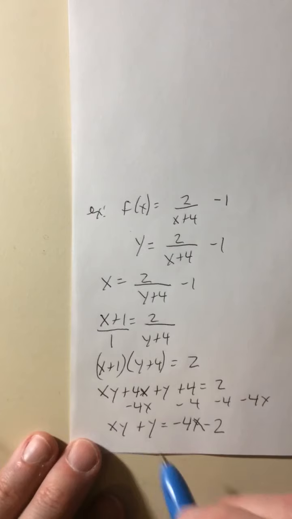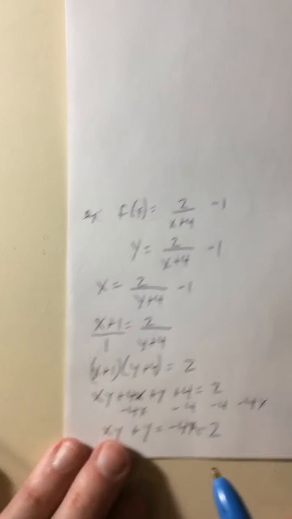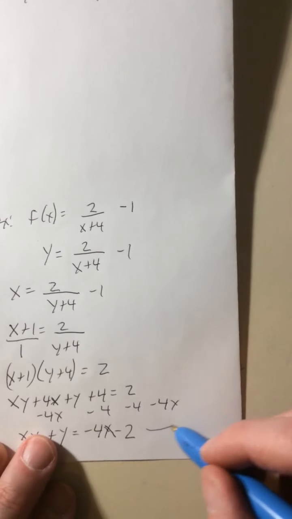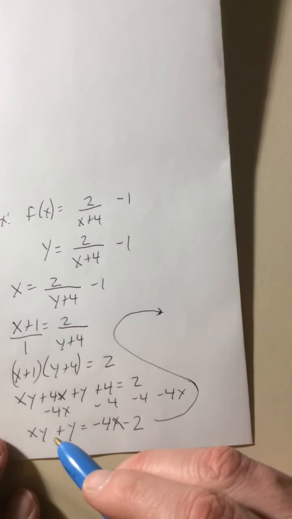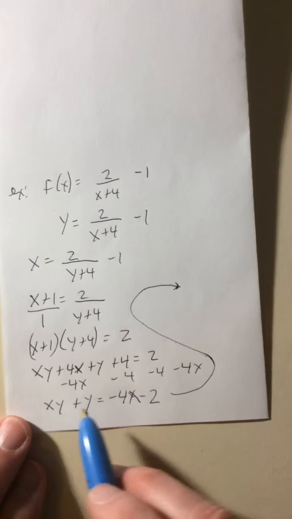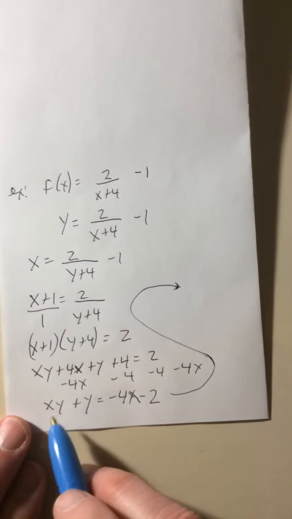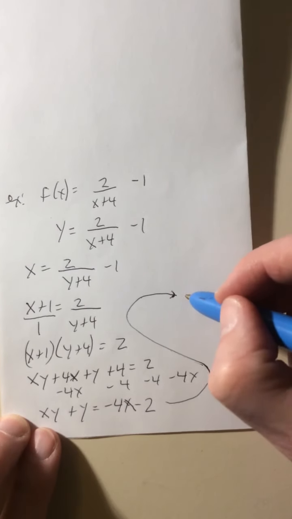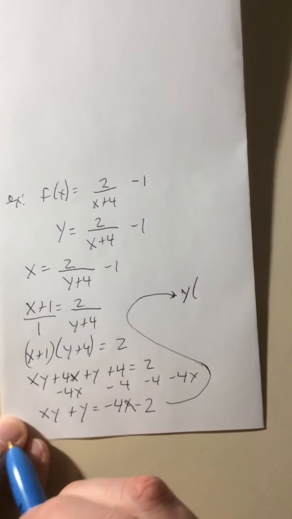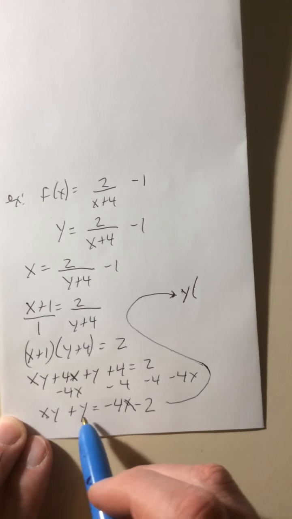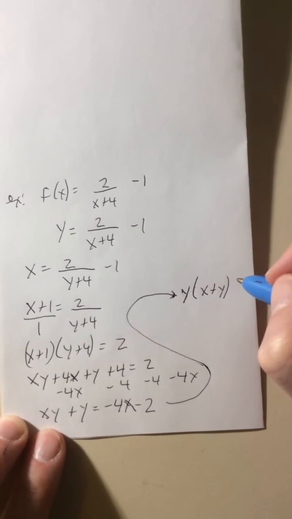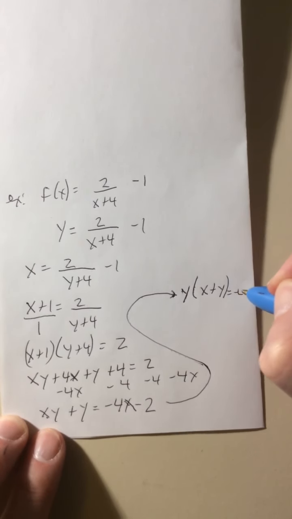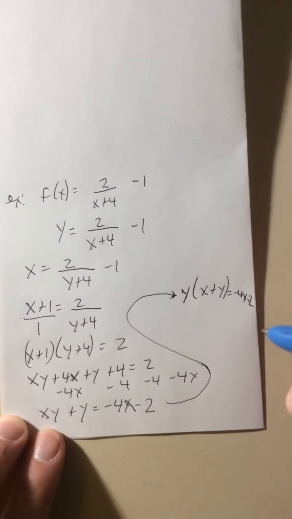So now I want to get y by itself, and I notice here that I have 2 y's, and I only want one of them. So what I'm going to do here is we notice there's a y here and a y here. That means I could factor out a y because they both got one. So I'm going to write a y right here, and that's going to leave us with x plus 1 equals negative 4x minus 2.